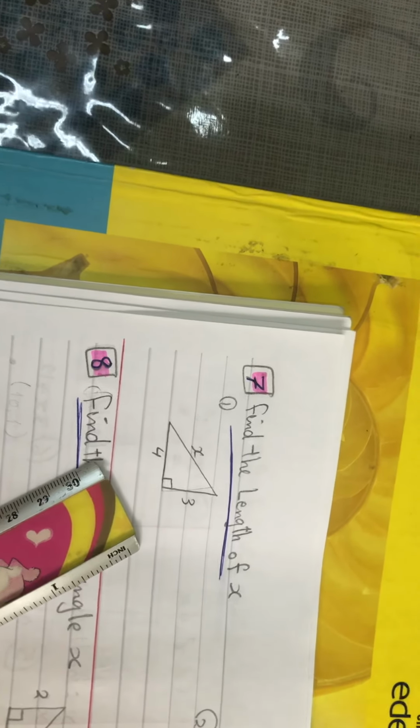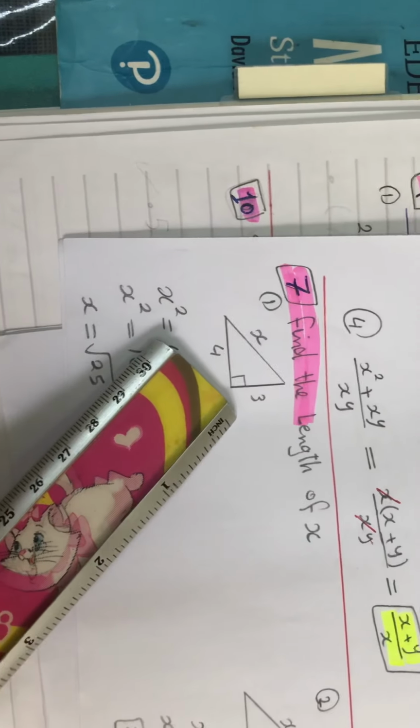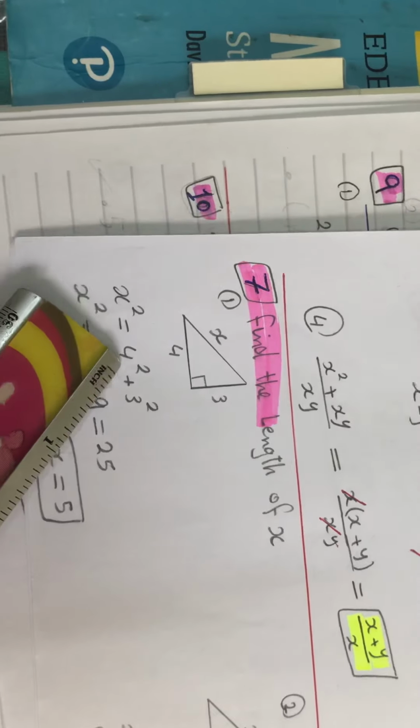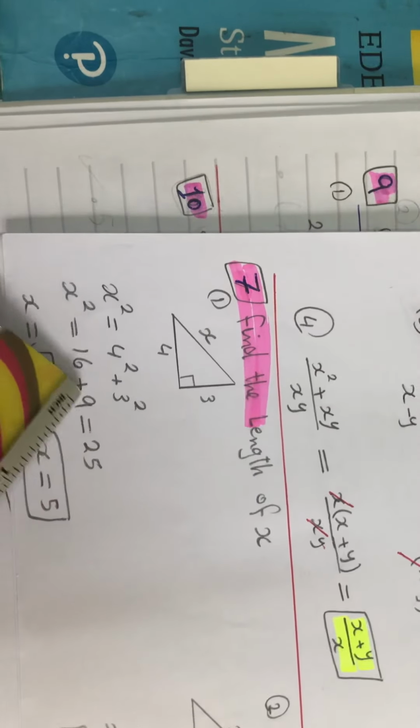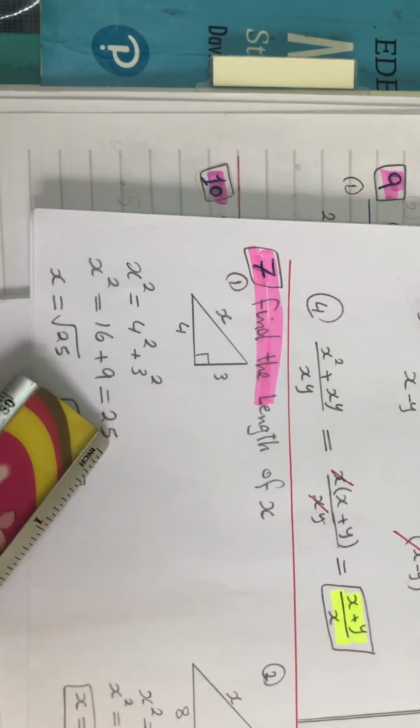So here I want the hypotenuse. So x squared equal 4 squared plus 3 squared. So x squared equal 16 plus 9 equal 25.